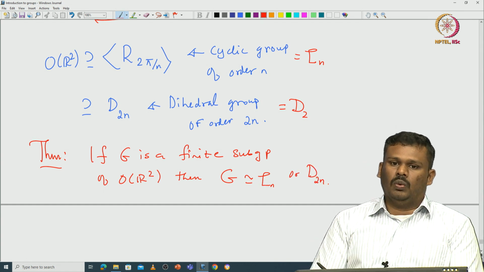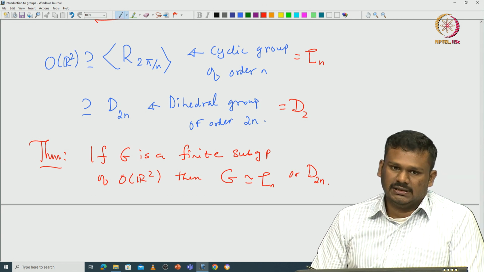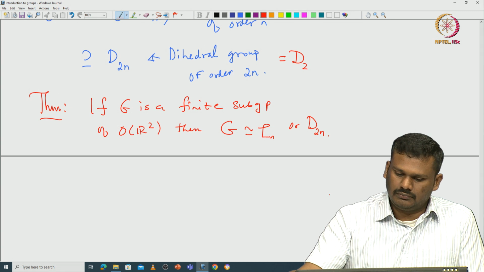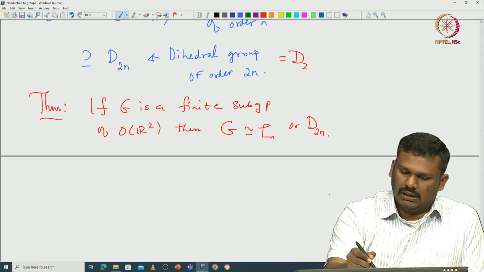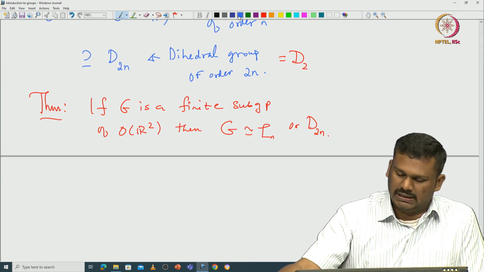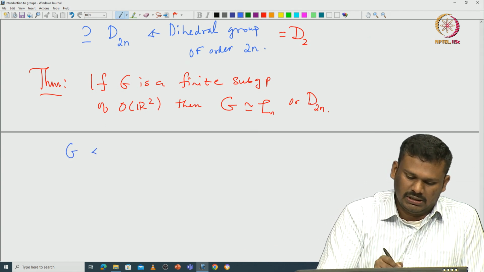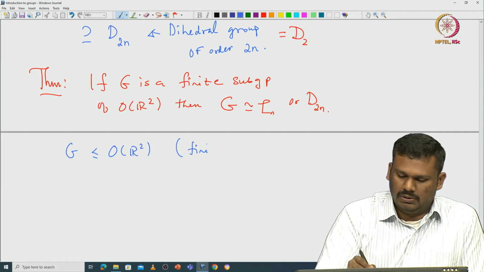So, these are the only finite subgroups of O(R²). Let us see how one can prove this. Let us start with G. Let us say G is a finite subgroup of O(R²).